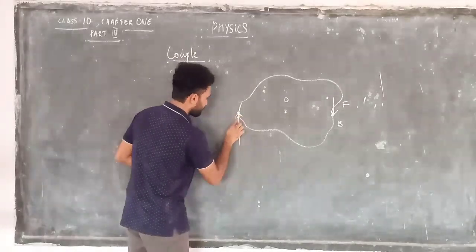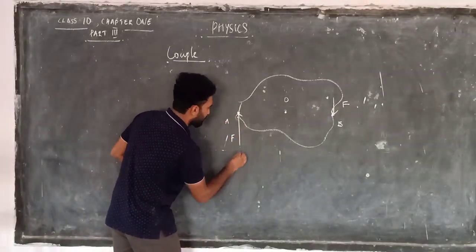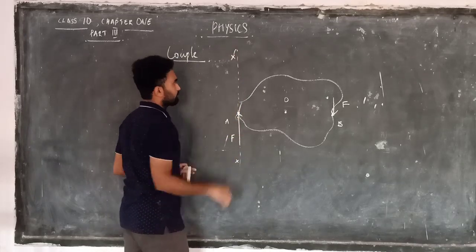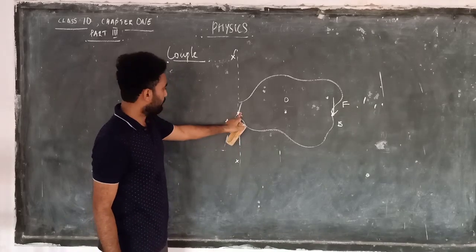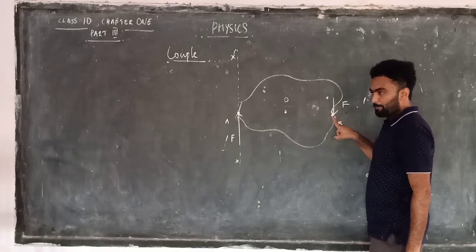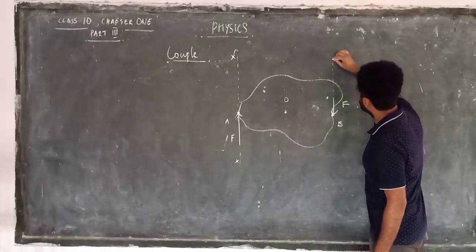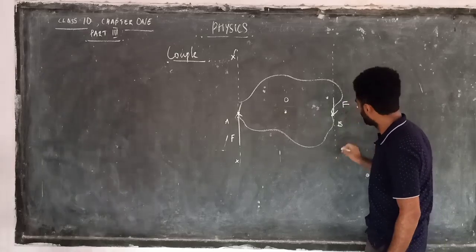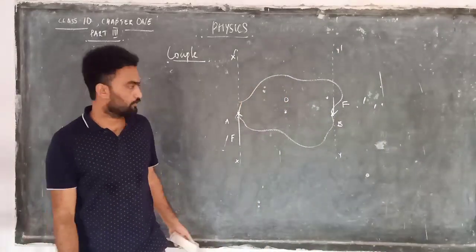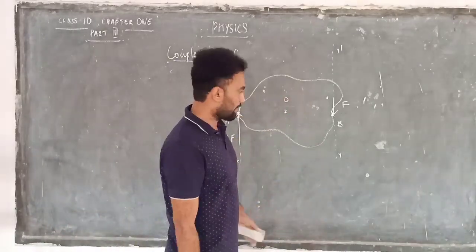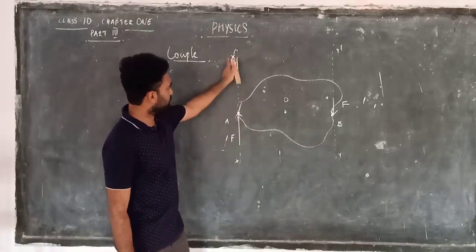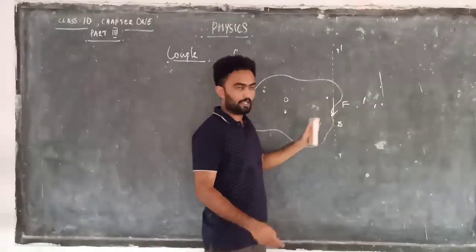For A, the line of action will be this one; you can call it X dash, the line of action of the force at the point of action A. Then for point B, the line of action of the force can be considered in this direction, that is Y dash. So you can see two forces equal in magnitude, but acting in opposite directions. Their lines of action are X dash and Y dash, and they are parallel.